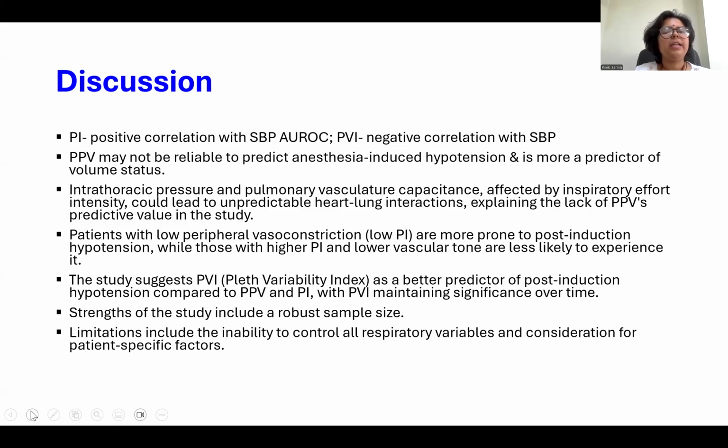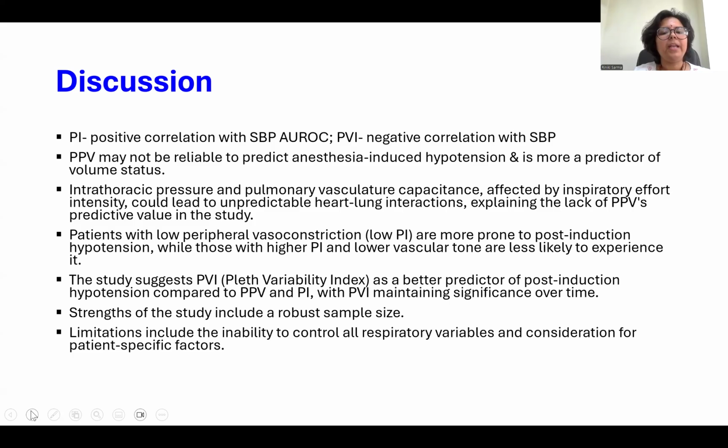It was attributed that the intrathoracic pressure and pulmonary vasculature capacitance affected by the patient's inspiratory effort intensity could lead to unpredictable heart-lung interactions, explaining the lack of pulse pressure variability's predictive value in this study.